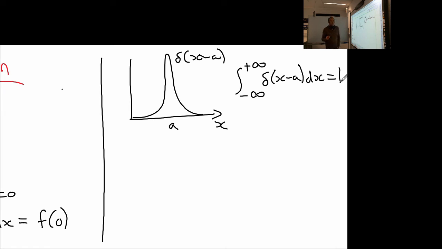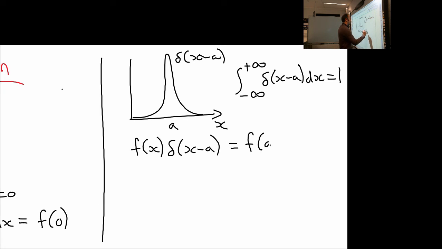We can also write the integral. We've got our function f of x again, so it's a continuous function multiplied by our delta function at x minus a. Well, we can now write this as the value of the function at a multiplied by the delta function x minus a.